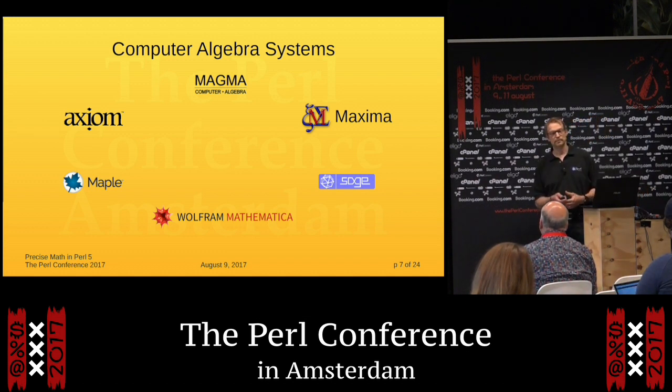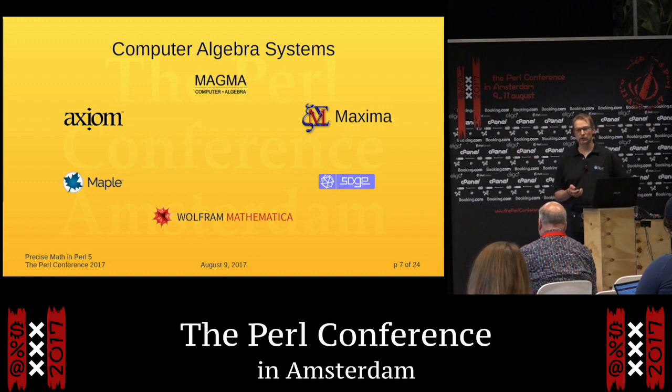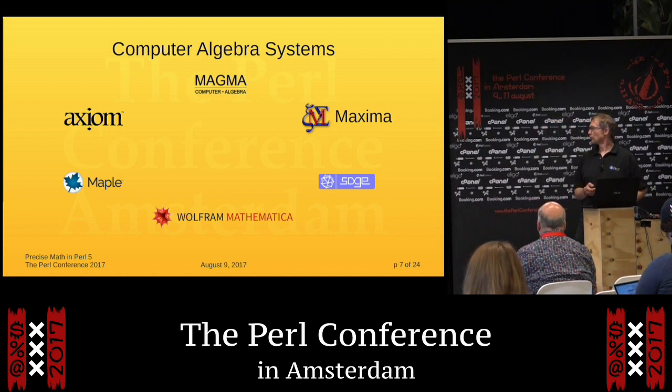And Sage Math is an effort to combine many existing open source libraries such as GMP, the GNU multi-precision math library, Pari, Maxima, SymPy, you name it, with a long-term goal to be able to compete against the commercial systems.